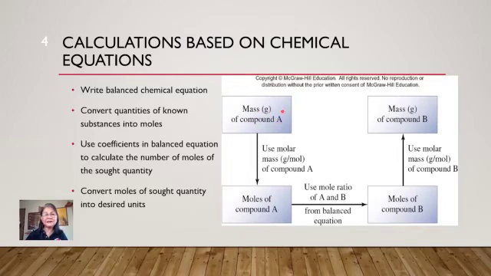If its mass is given, then we convert that given mass into the number of moles of substance A by using the molar mass. We did that under composition stoichiometry, right? And then we refer to the coefficients of the balanced equation to calculate the number of moles of the partner substance being asked for in the problem.